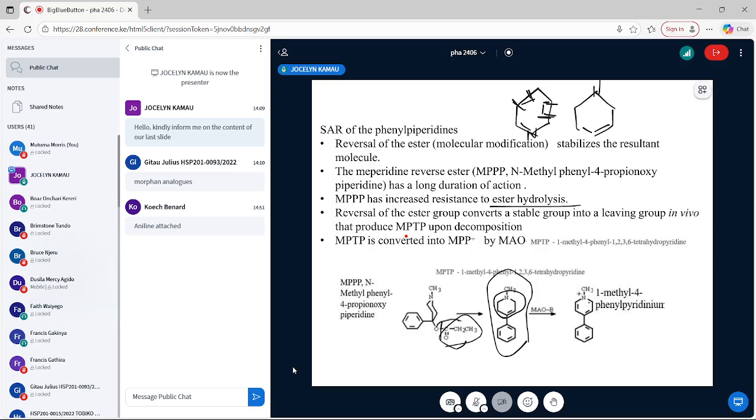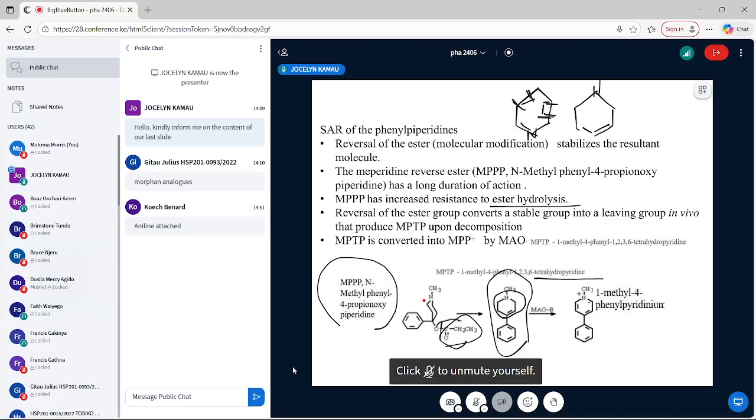So we are therefore saying the MPPP is converted to MPTP, and it is 1-methyl-4-phenyl-1,2,3,6-tetrahydropyridine. I hope you get it correctly. I hope you understand it, just simple chemistry. It was piperidine before, and you can see the name is N-methyl, phenyl, N-methyl.